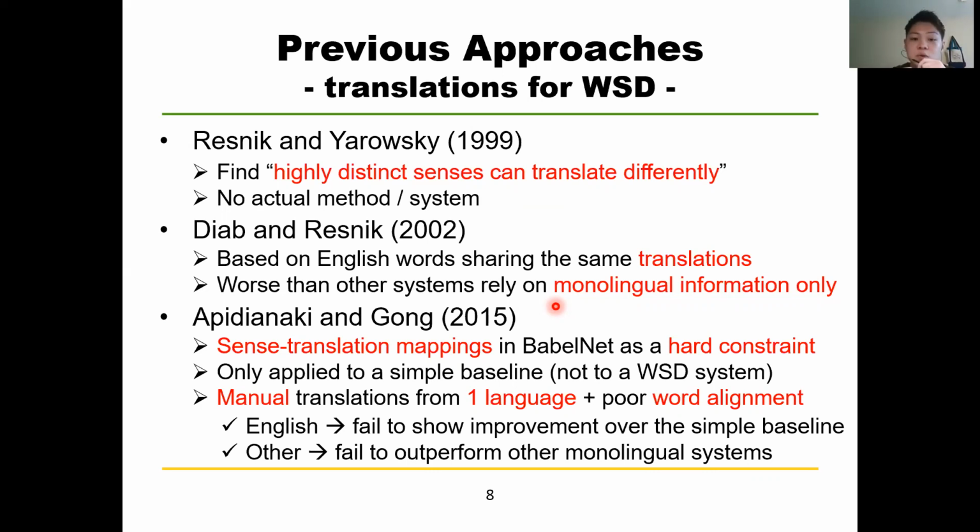In addition, to determine the translation of the source focus word in question, they just applied a word alignment tool to a small size of test data, resulting in poor word alignment accuracy. Due to those problems, when tested in English, their method failed to show improvement over the simple baseline. And when tested in languages other than English, again, it failed to outperform other systems relying on monolingual information only.